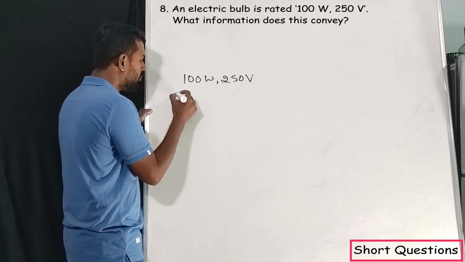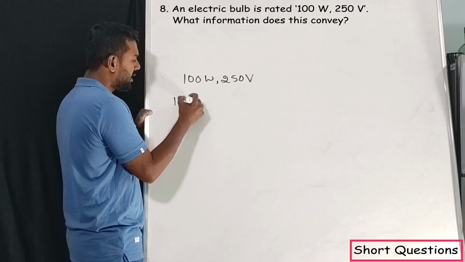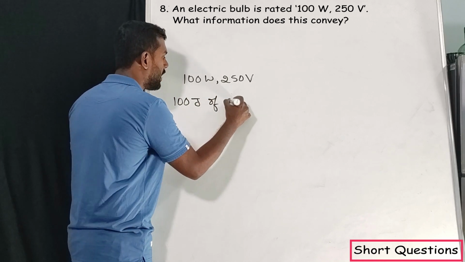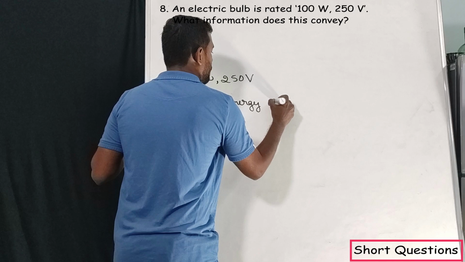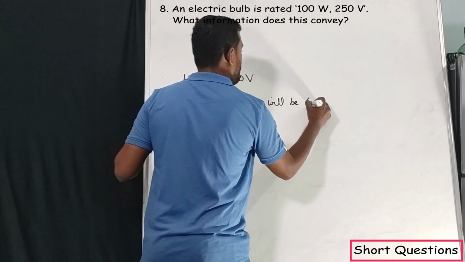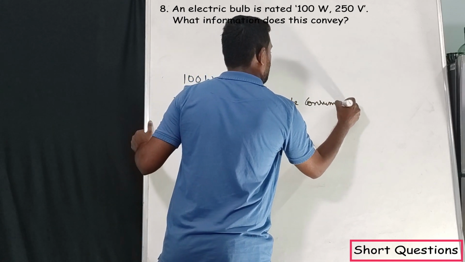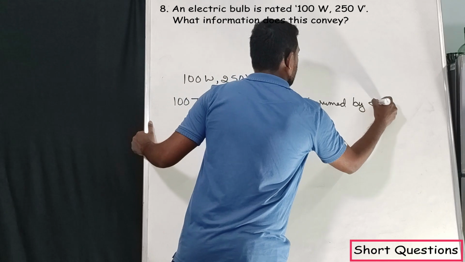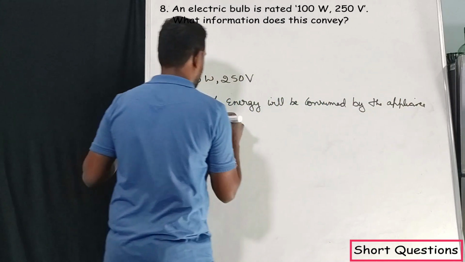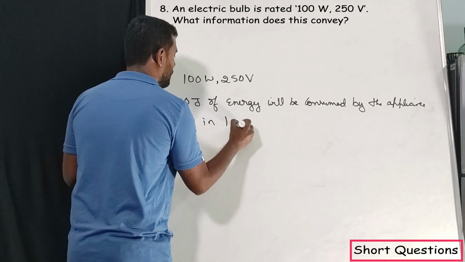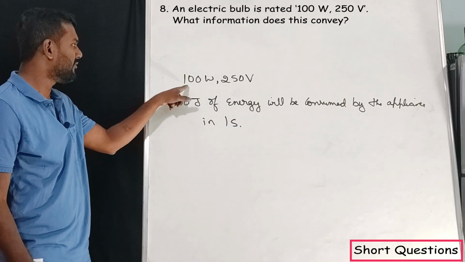That means in 1 second, okay, 100 joules of energy will be consumed by the appliance in 1 second. Okay, this is the meaning of 100 watt.